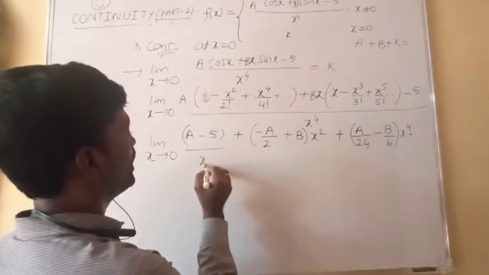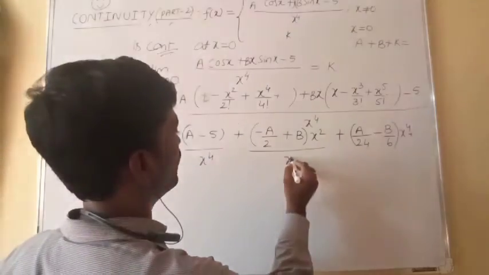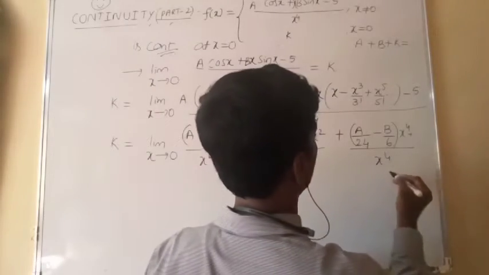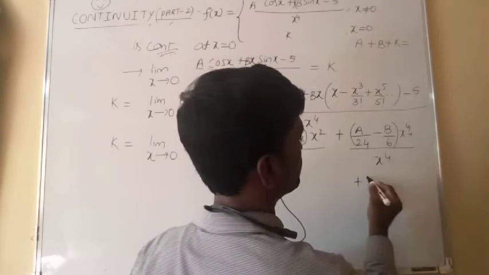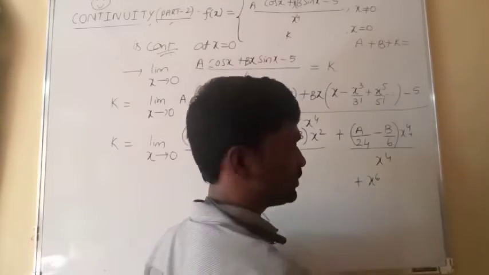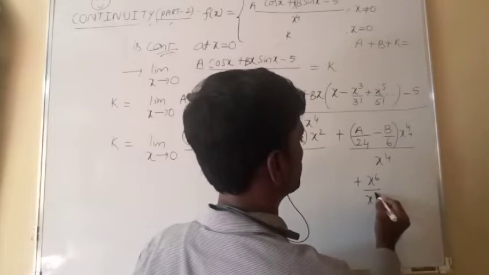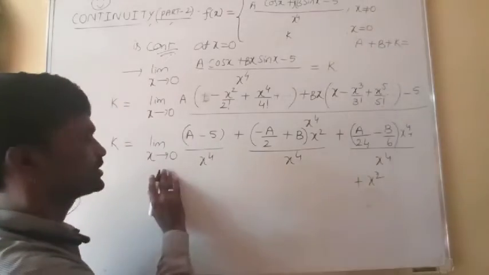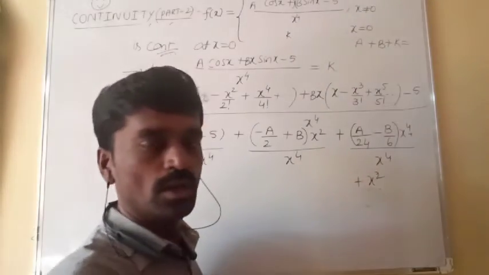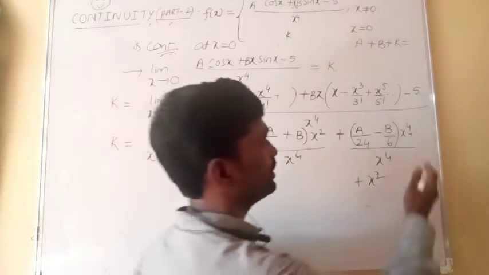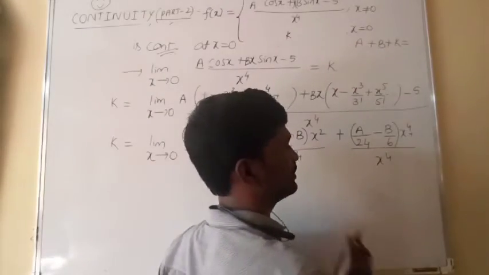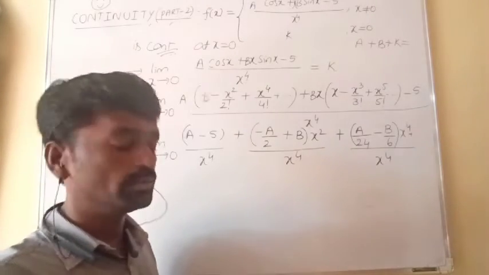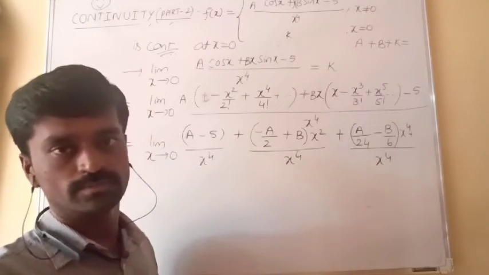Here in the numerator the remaining terms are x power 6, x power 8. After dividing by x power 4, what is left? x square, which tends to 0 as x tends to 0. The next term also tends to 0. That means the remaining terms you can neglect. No need to write this here, because it is an objective question, not a subjective one. So you try to find the a and b values as early as possible. Okay.